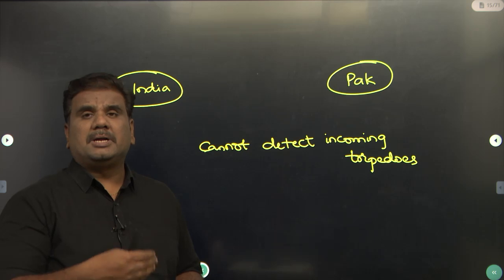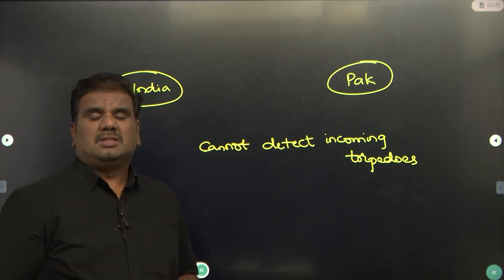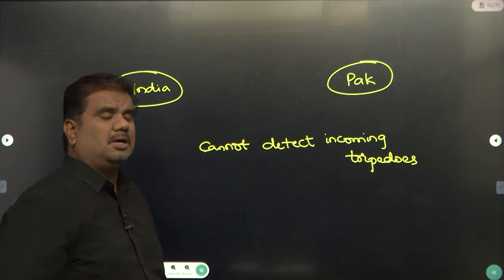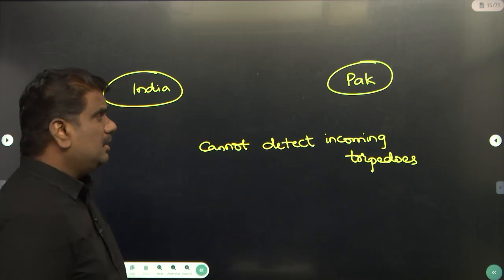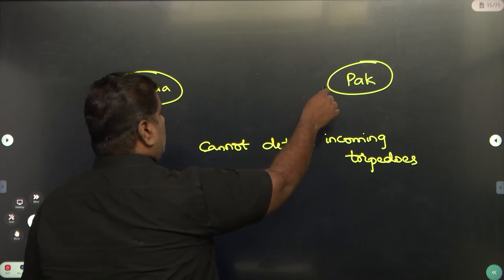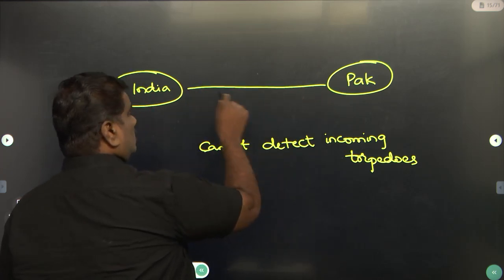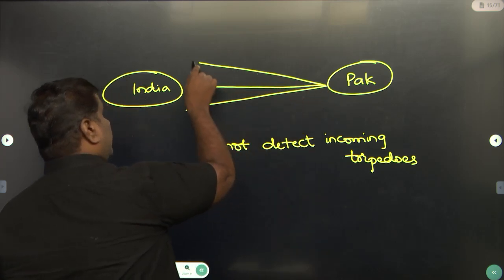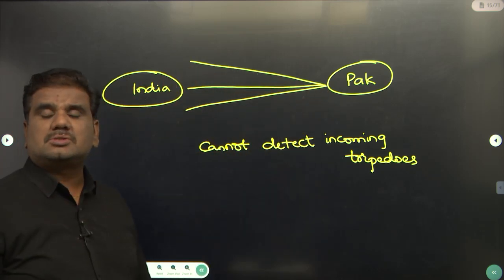At one point of time, the frustrated, irritated Pakistani submarine commander announces to release three torpedoes simultaneously in three different directions.